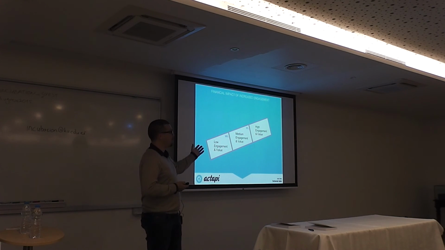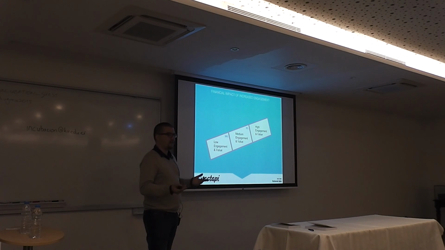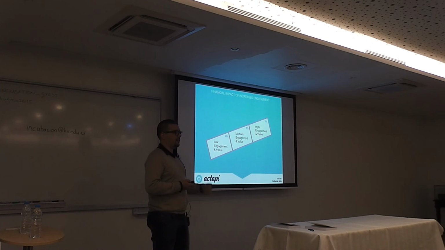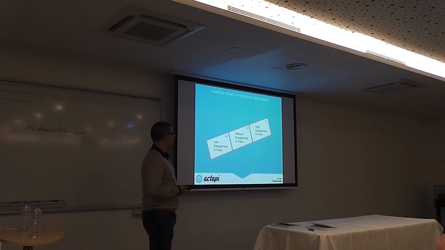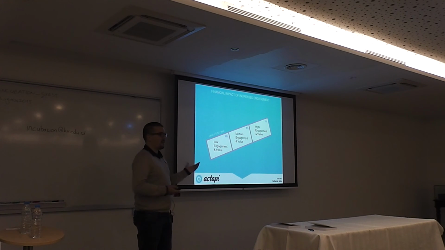Then we have a group which is, let's say, 9%. They're medium engaged. They come back every week, but they're not really loyal users. And then there's the high engaged and high value customers. They come every day, maybe more often. They are your truly loyal users. So if we attach a business value to this, let's say that the low engaged people are worth 5 lira per year.